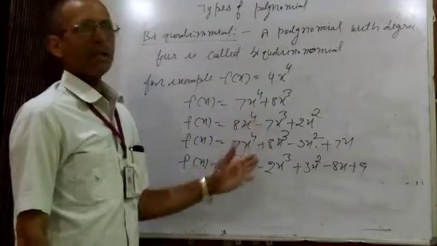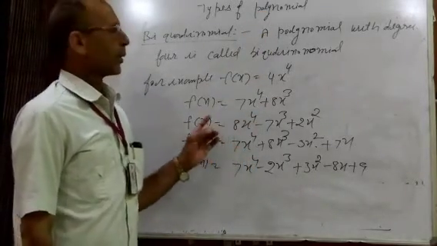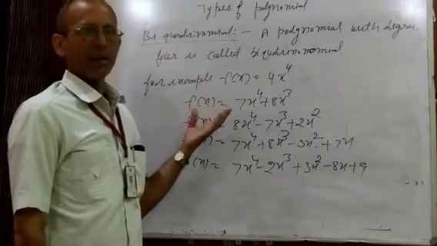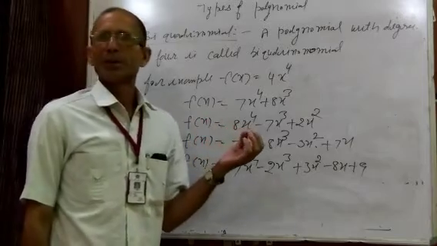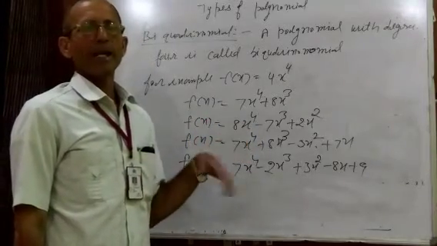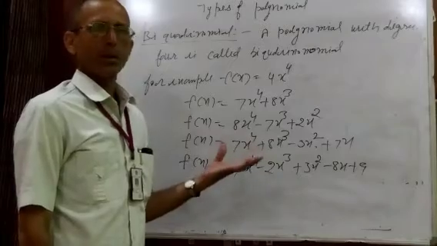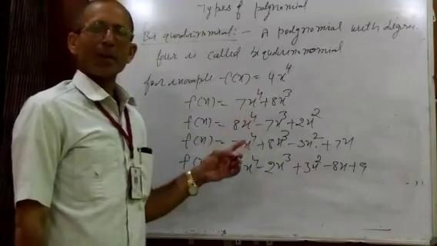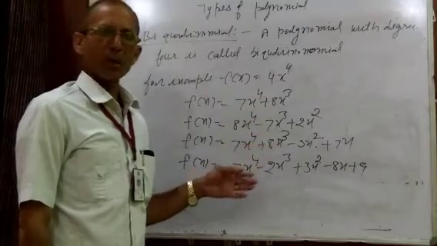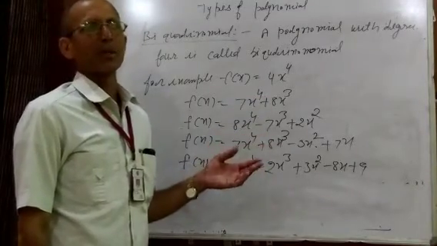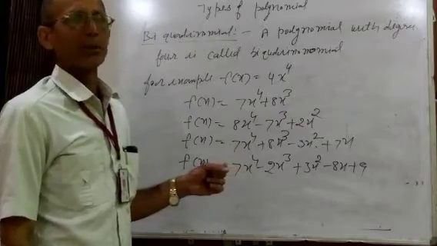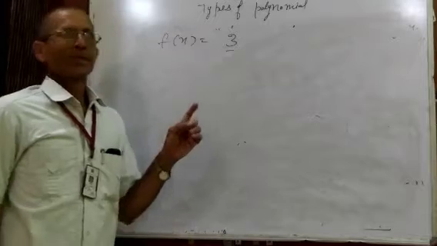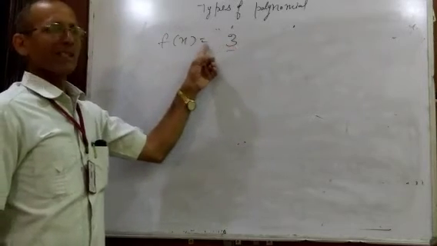Now some examples for the polynomials which I explained. You have to practice yourself and identify whether this is a linear polynomial, a constant polynomial, a cubic polynomial, or a biquadratic polynomial. Some examples I will give to you. f(x) is equal to 3.